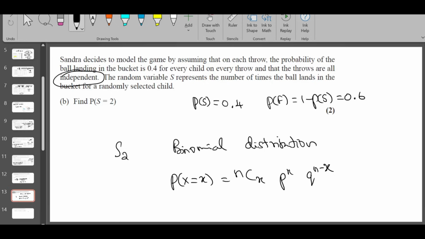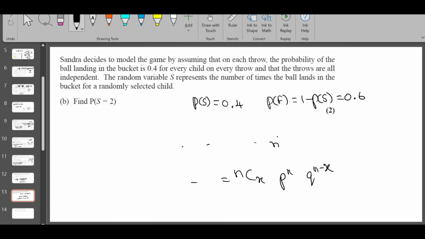You can spend like 30 minutes going through it, because usually in S1, mostly for chapter 7, normal distribution, they add a question like this, which is actually a binomial distribution. In fact, this is a binomial distribution. For the binomial distribution to apply, all the events should be independent of each other. That's why they have given the line that the throws are all independent.